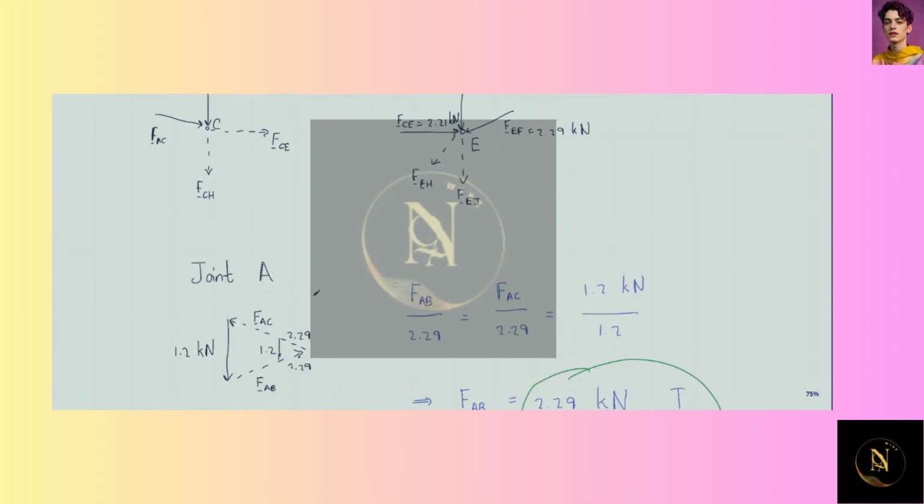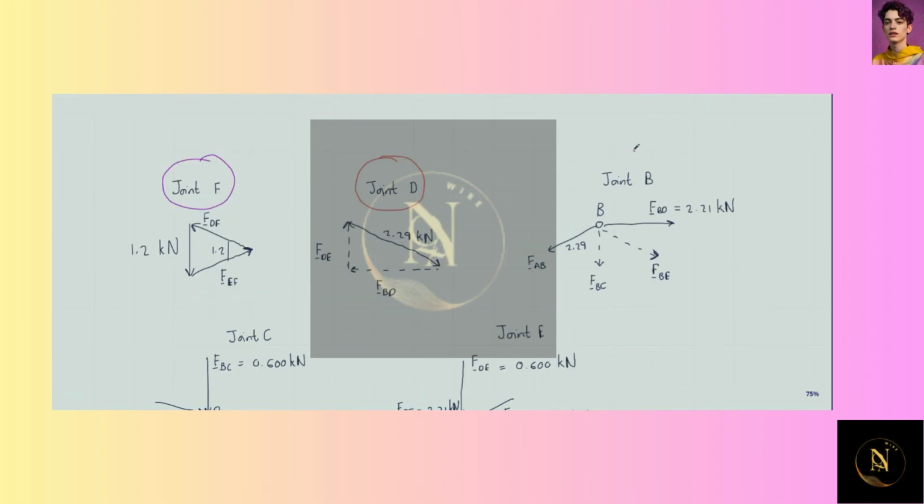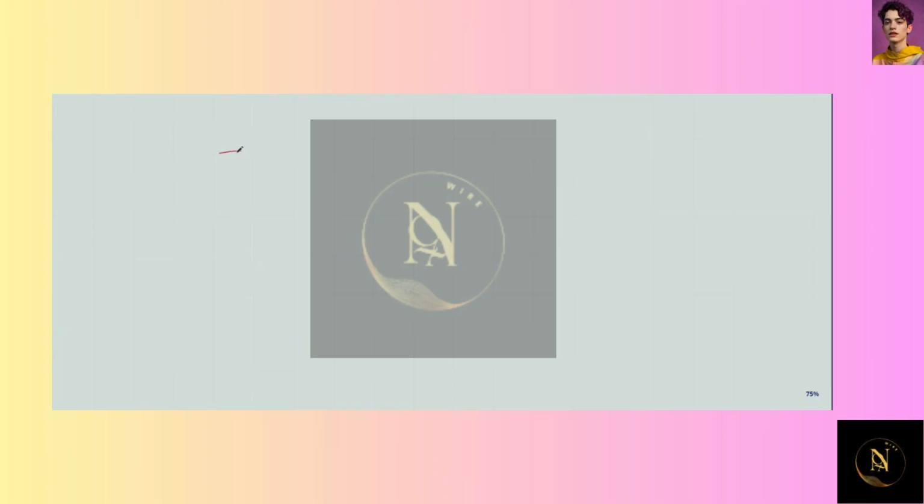Now we move on to joint B, which in our free body diagram looks as follows. Now, in joint B, if we take the right direction to be positive, and we take the sum of all the x components of the forces, this must equal 0 for equilibrium.